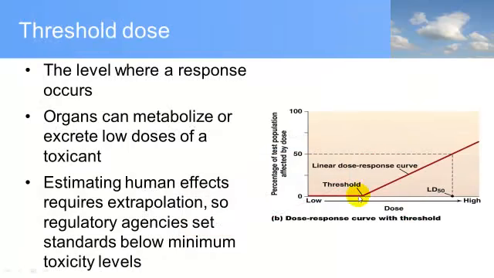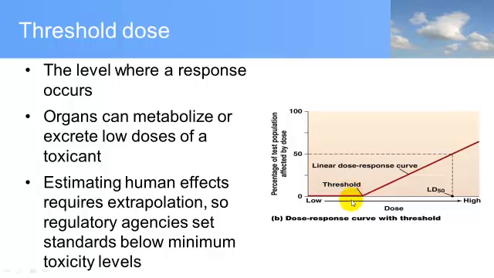Now, you can look at this curve. What we're noticing here is what happens with many chemicals: at extremely low dosages, you will see virtually no effect. None of the members of your population will be affected. This is because often these low dosages are quickly excreted or broken down, metabolized, and the body is able to handle any problems caused by these tiny dosages.